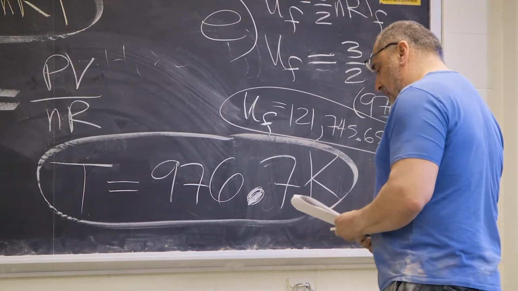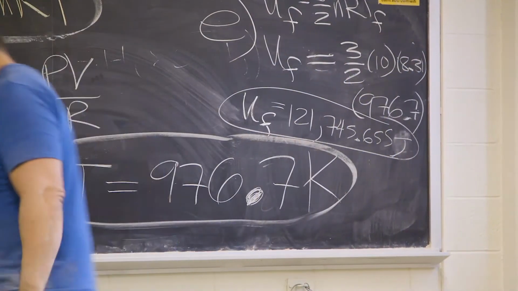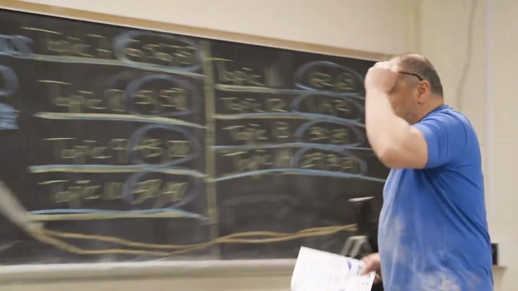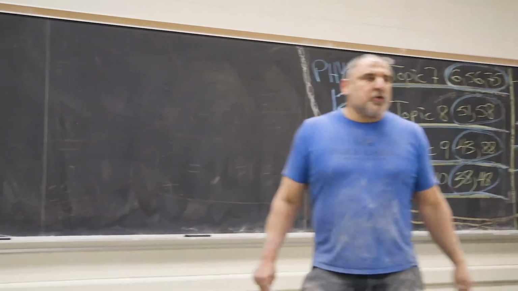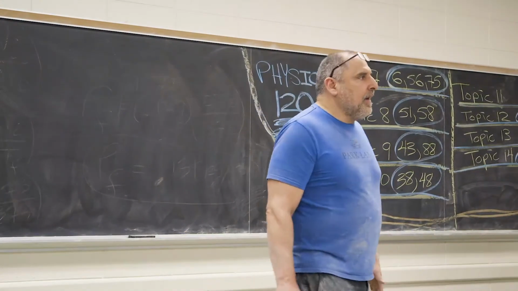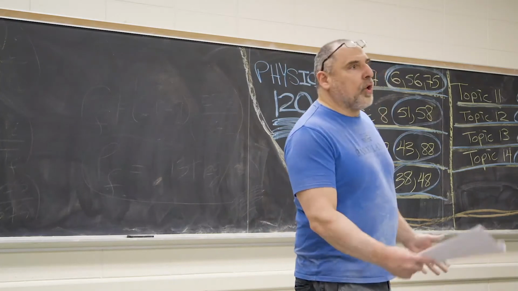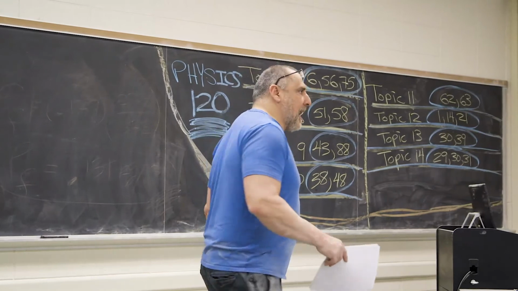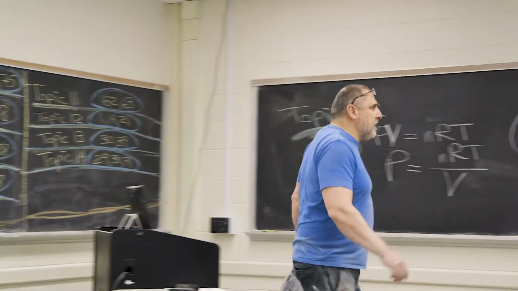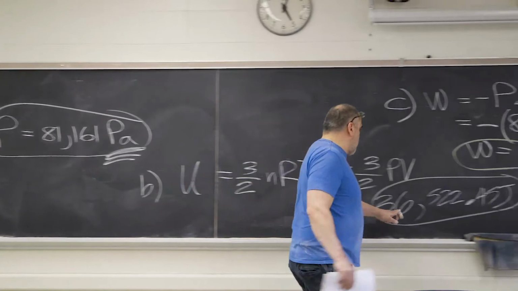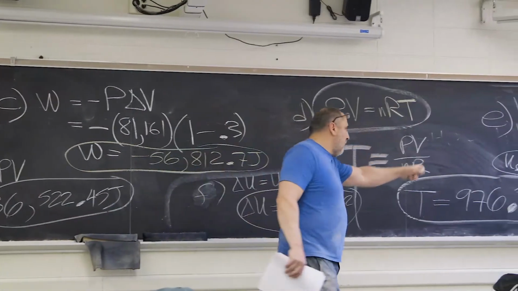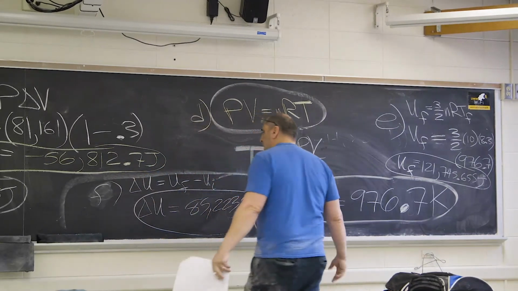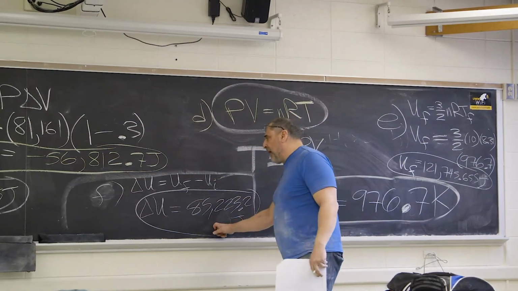G, what's going on here? What's the Q that happened, the whole thing here? They're saying there had to be a net energy transfer, guys. There's no way this thing gained internal energy after it did work on the environment. There must have been a lot of heat added onto this thing. How much heat was added onto it? My gut is telling me if the internal energy changed from here all the way to there, and you also did this amount of work, I look at the change in the internal energy that occurred.